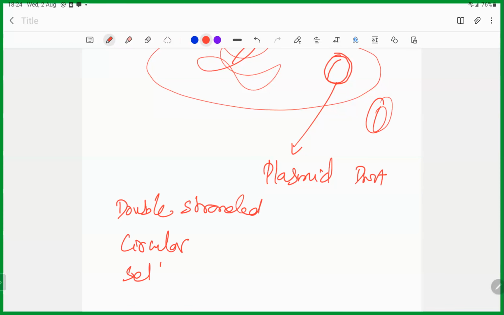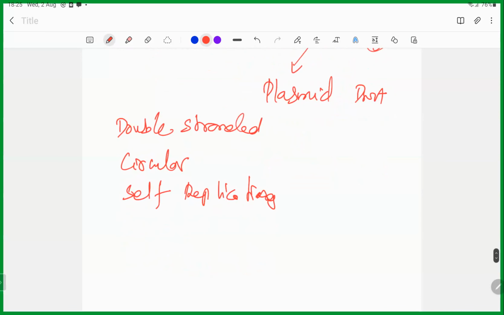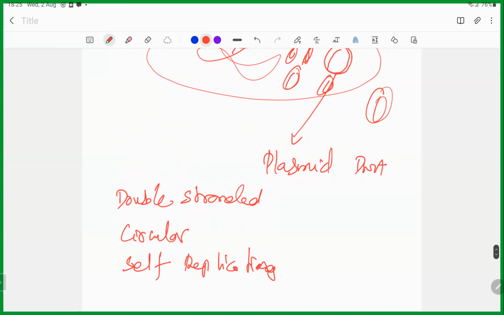They can replicate themselves. One can divide into two, and then two. That's called what? Self-replicating. This is chromosomal DNA. This is extra chromosomal DNA.